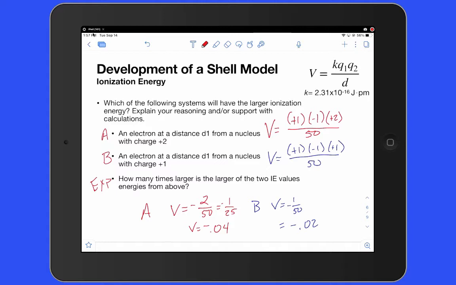The stronger the attraction, the higher the ionization energy, because a larger attraction means a potential energy with a larger magnitude. It's just a negative value. Who's got questions? Anybody?